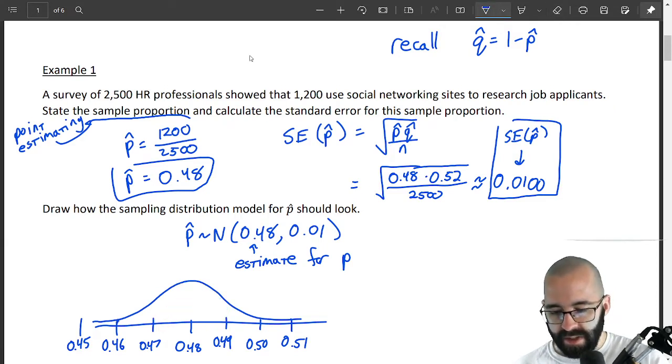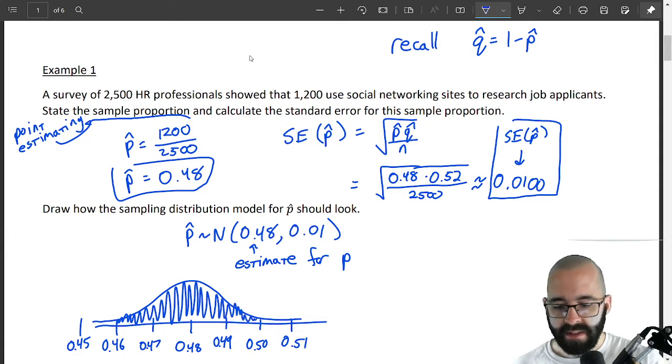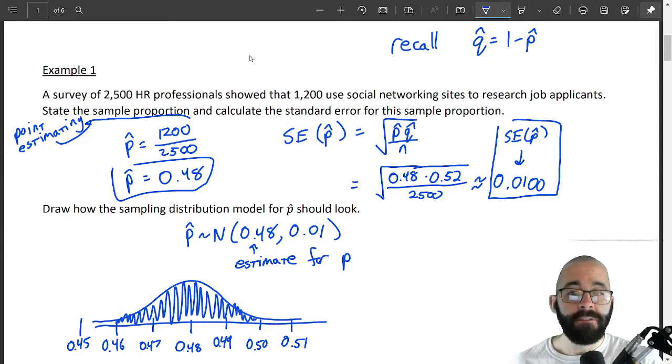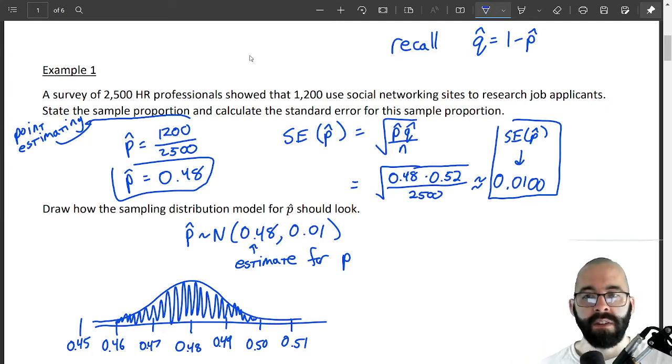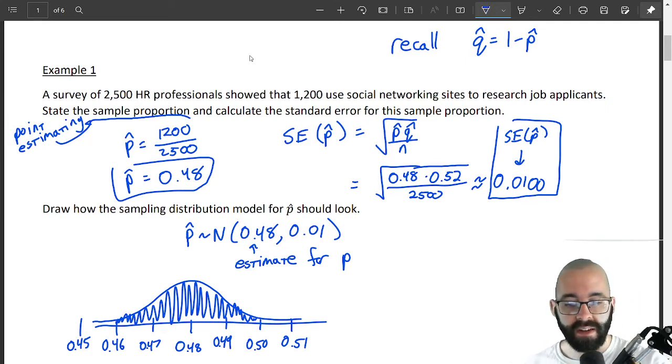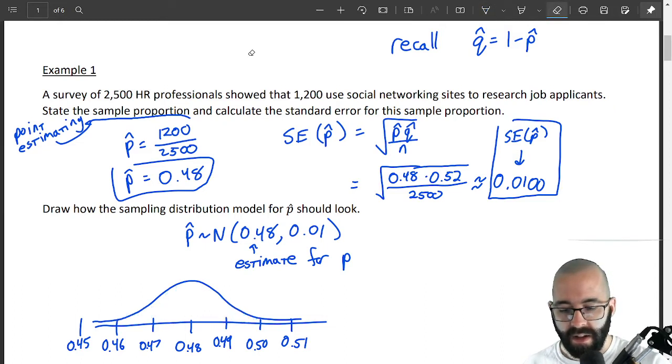Similarly, within 2 standard deviations of the mean, if we did a whole bunch of these, then about 95% of these surveys would show between 46% and 50% HR professionals using social networking sites to research job applications. So this is what it's looking for right now.